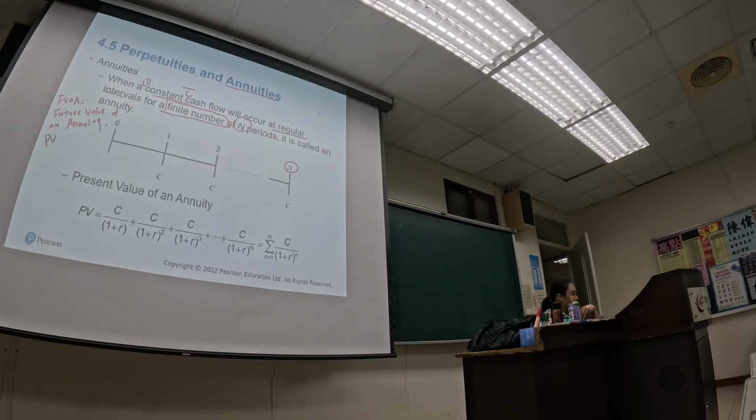And one is PVOA. This is the present value of an annuity. So we are checking two tables. One is for future value, one is for present value. Okay?